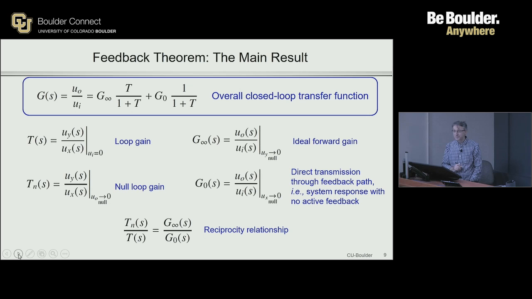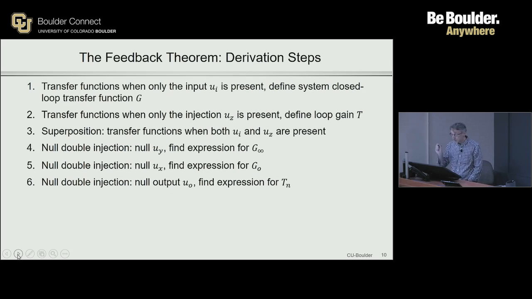Any other questions? Yeah, this kind of goes top down, right? So it hopefully will become more and more clear and useful as we go through it. But we do want to derive it first. We actually want to derive it formally, right? So the feedback theorem derivation has 6 steps.